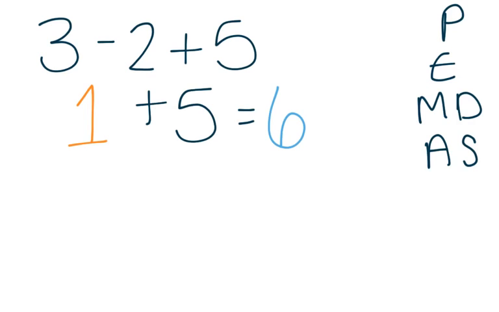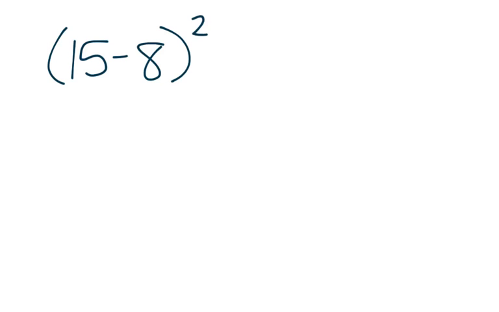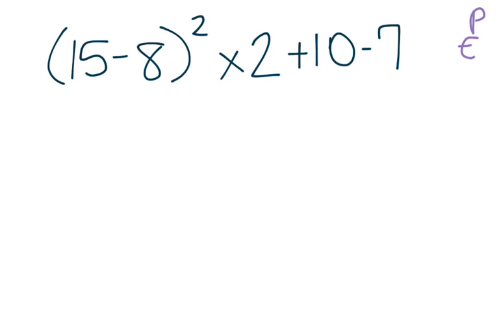All right, let's look at number 4. Number 4 says 15 minus 8 squared times 2 plus 10 minus 7. Again, we'll write our order of operations over here. Now, a note about exponents.